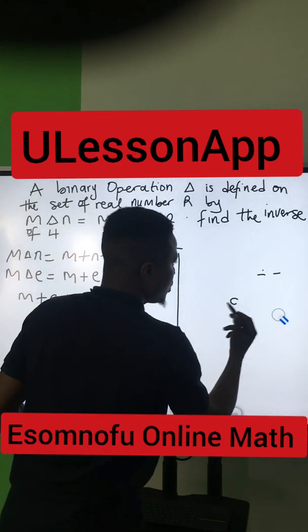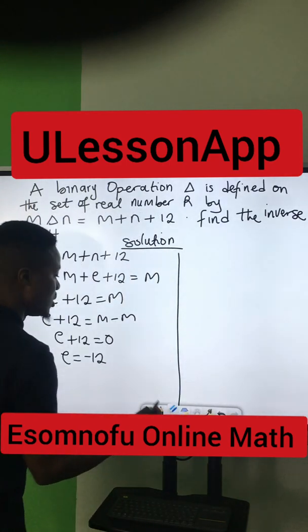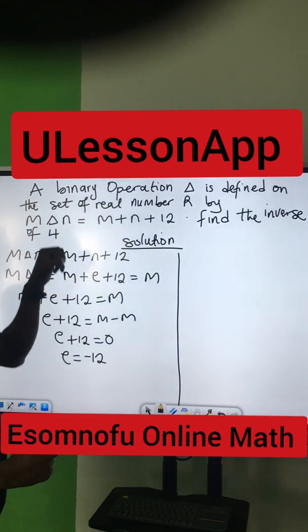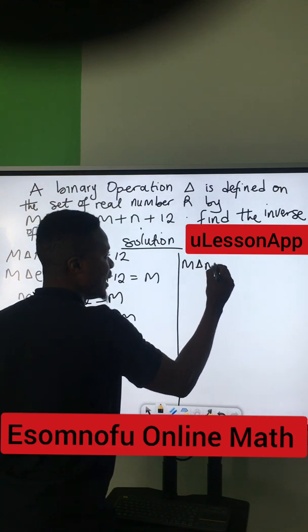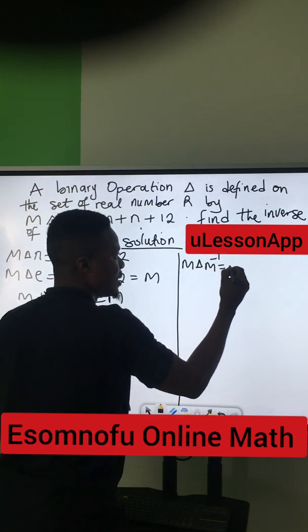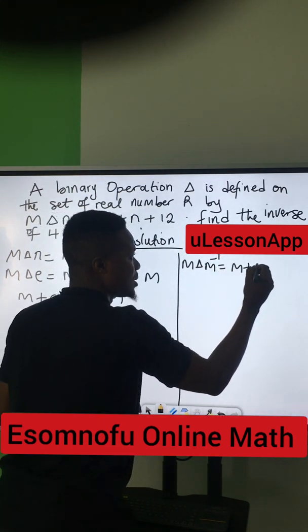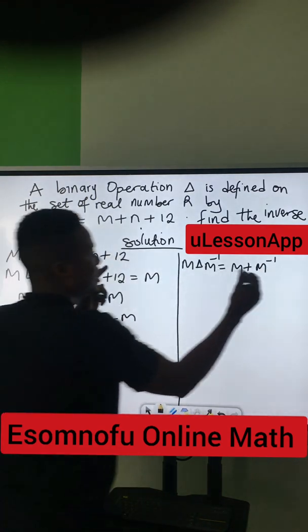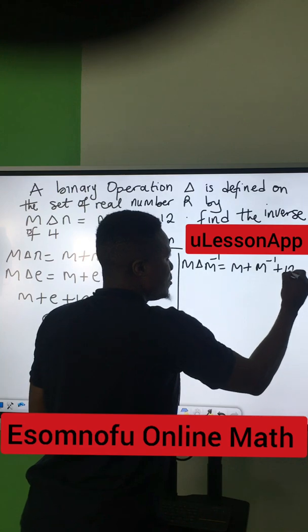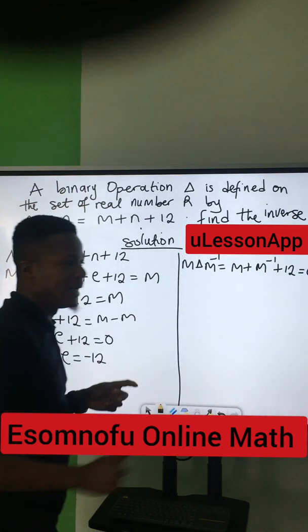Now, to continue with this solution, supposing we want to get the inverse element, M triangle M inverse is the same thing as M plus M inverse plus 12, equal to the identity element.